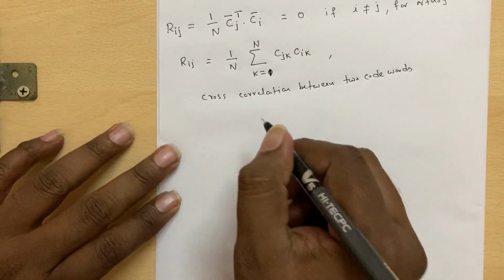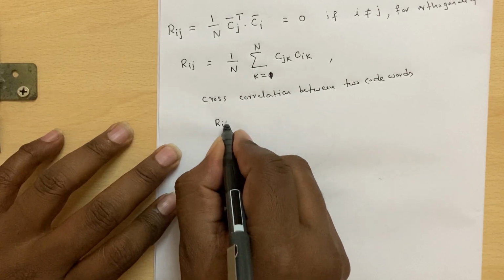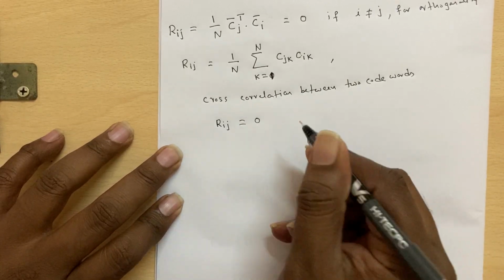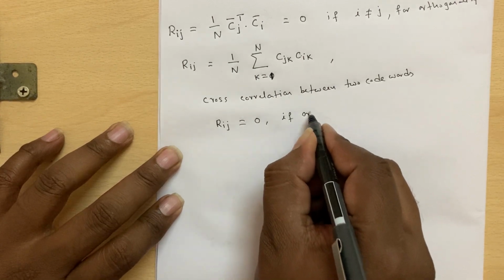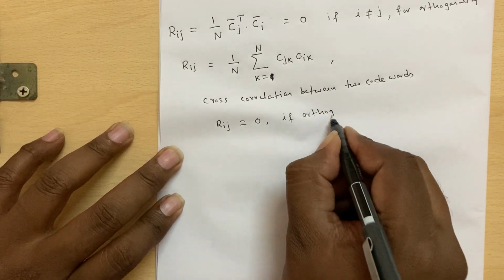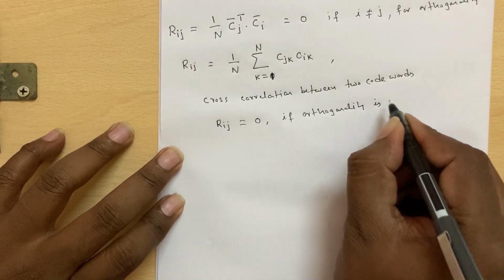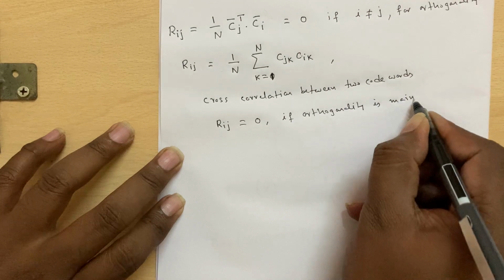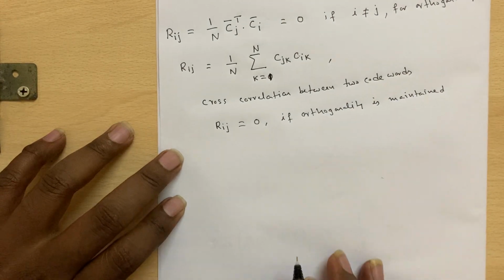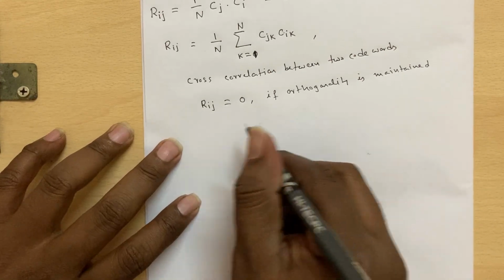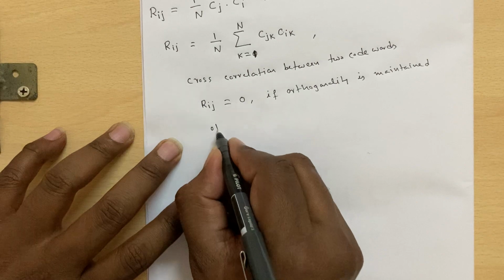So if these two are perfectly orthogonal, the cross correlation will become 0 if orthogonality is maintained. Otherwise it will be a non-zero quantity.